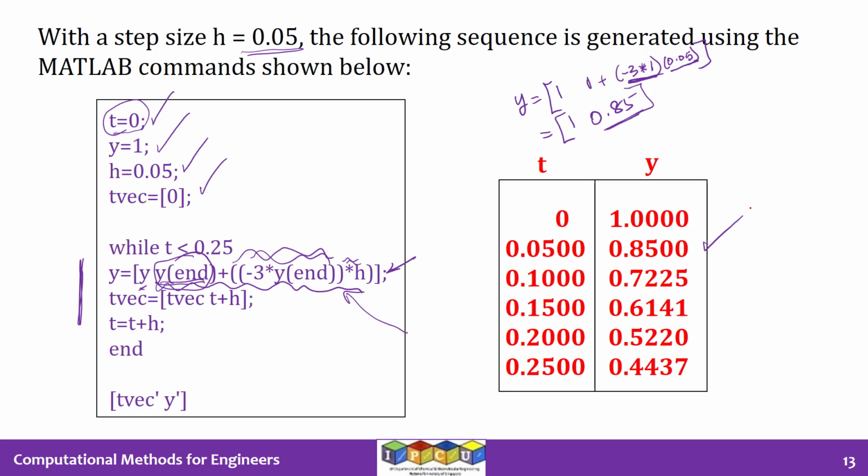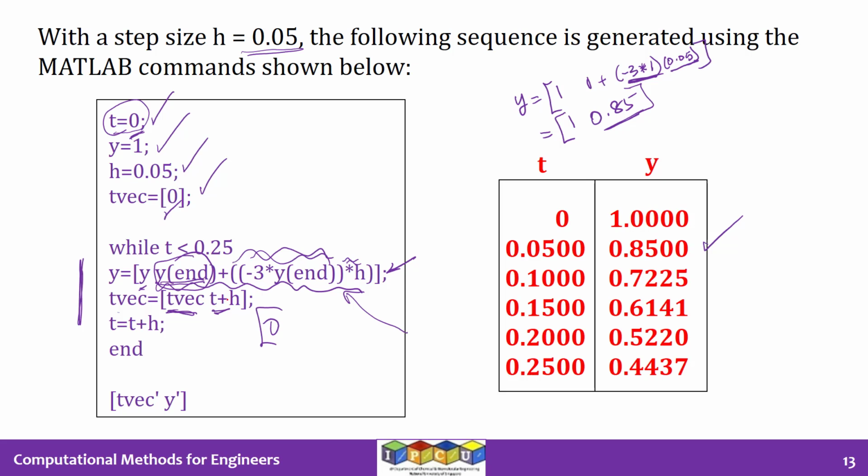Then I'm saying t vector, you have to expand it. The previous t vector was 0 because that was the initial time. Now we are going to add h to it. So we started with t equal to 0, and t vector will now be 0, that's what we started with, then t plus h.